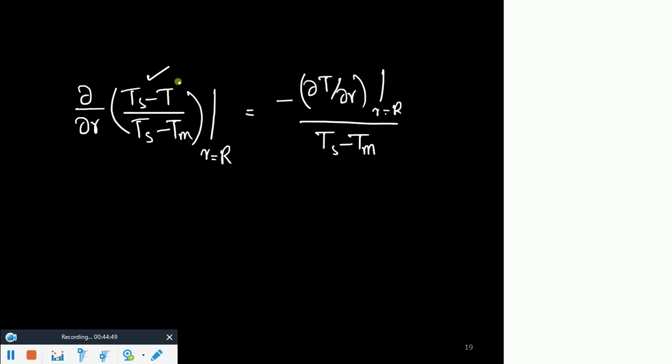Because this parameter remains the same for all the cross sections. If I take this parameter independent of x, because this is the definition of the thermally fully developed region, and I consider its derivative with respect to r, can I write this thing? If Ts remains the same, can I write this thing? It is very easy to understand, and this would not be a function of x.